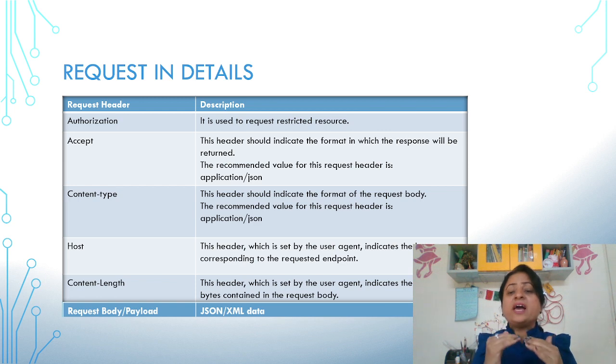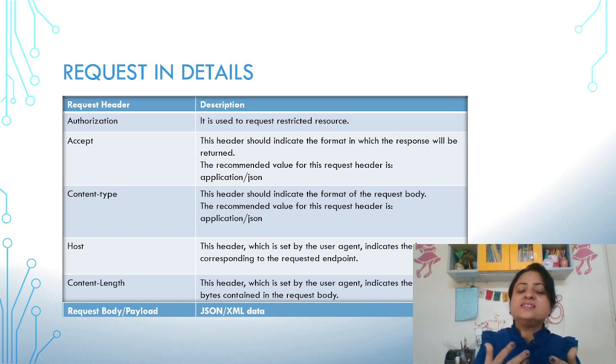Then we have content type. Content type is the format in which my request body will be sent. Suppose my request body has data in JSON form, then the value would be application/json. If it is in XML form, then application/xml.